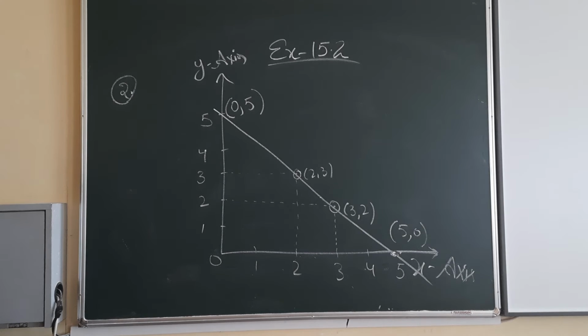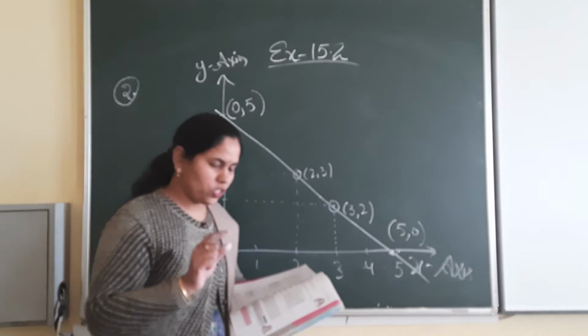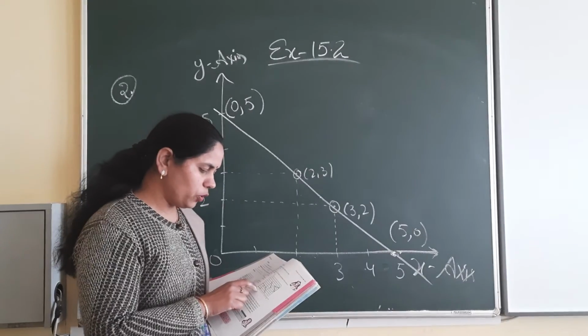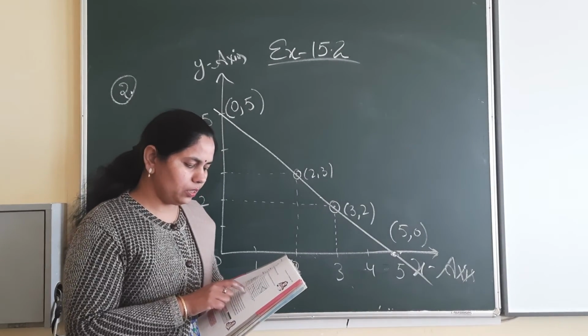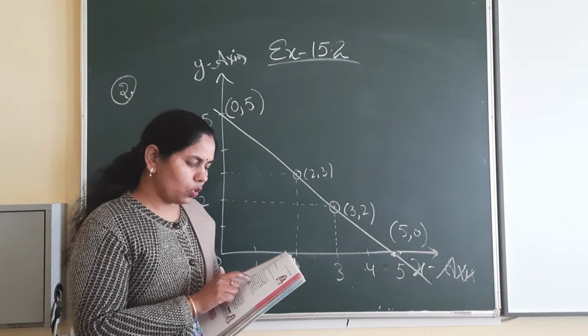And question number 3 is very easy. We are seeing some points located on the graph sheet, and we have to write the coordinates of the vertices of each of these adjoining figures. So here we have to write down by observing the figure. Just I am telling you so you can also match your answer. Here for point A, coordinates will be 2, 0. For B, 2, 3.